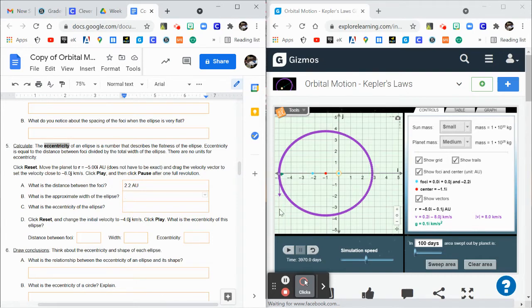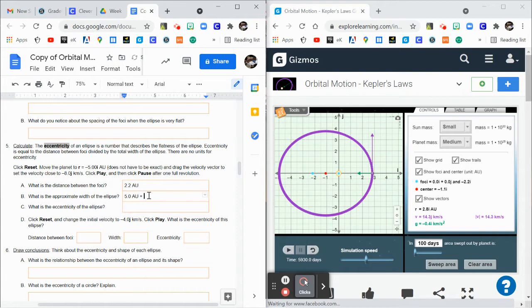So, let's go ahead and click play. And I'm gonna pause it when it gets to the positive x-axis. There it is. And it says right here, R. Right here, it says that it's 2.8. So I know that I initially had placed it at 5 astronomical units.